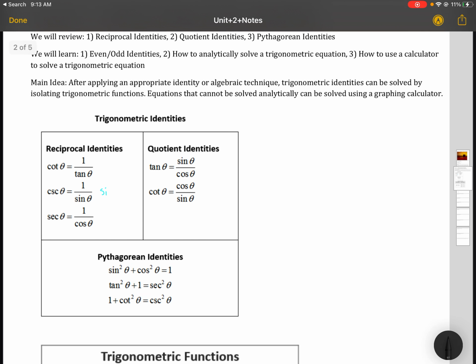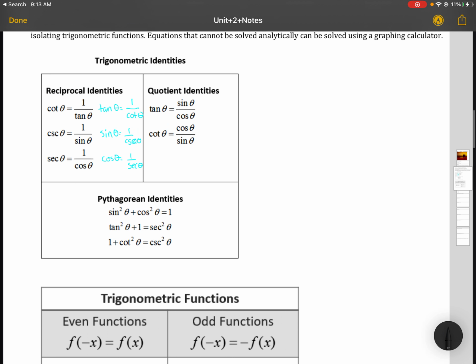With that, we could add sine is 1 over cosecant, cosine is 1 over secant. We won't use these much, but just to say we have them. And tangent is 1 over cotangent. So those are the reciprocal identities. Of course, tangent is sine divided by cosine, and cotangent is cosine divided by sine.